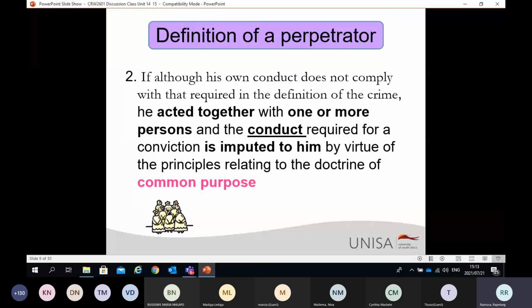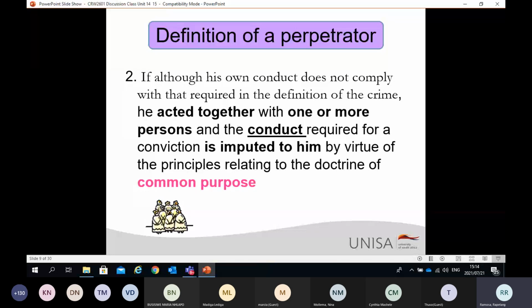So, for example, in the case of murder, that would be the case of causation. So in a situation whereby somebody dies and the other person just was a standby, did not shoot, but just kept guard to make sure that there's no intervention or interference from the police.